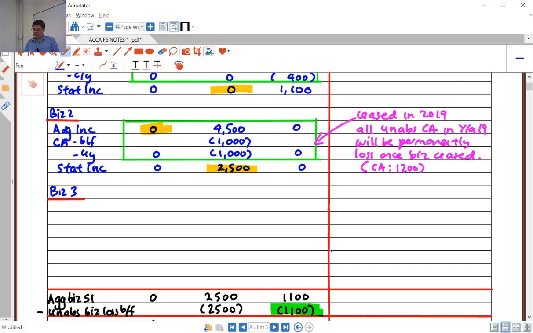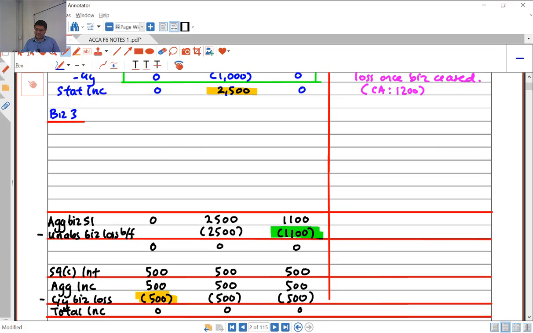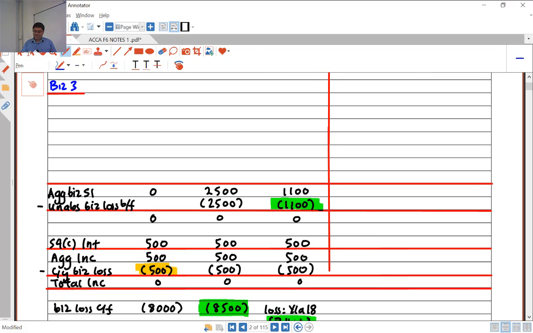Now coming to 2026. Okay, the company decided to start back. So when he starts back, his adjusted income is 1,008.